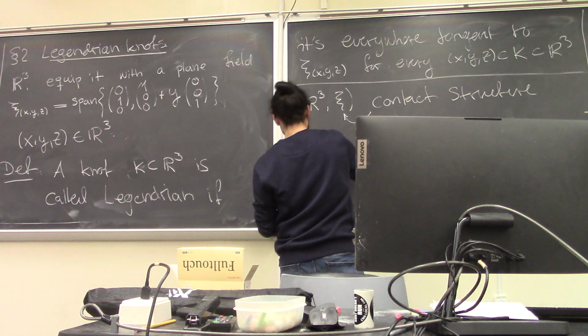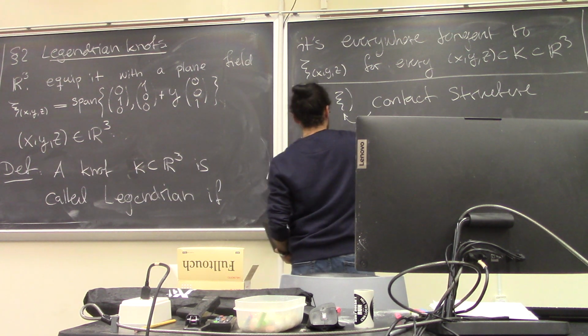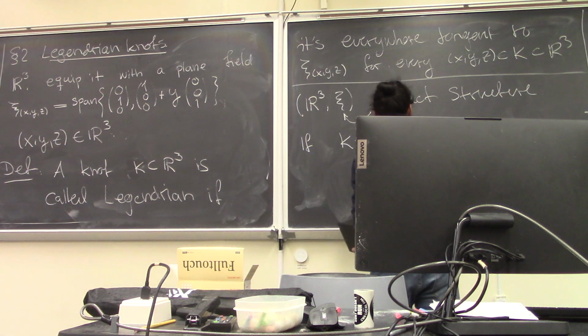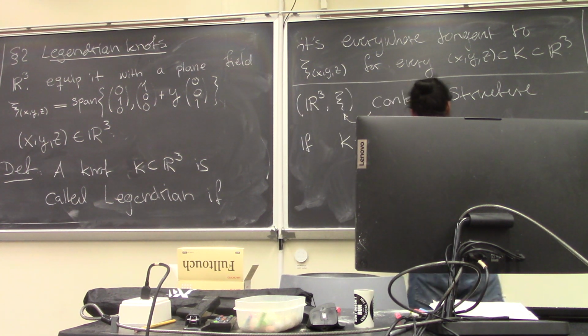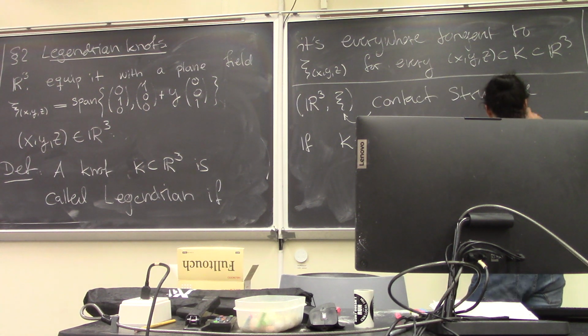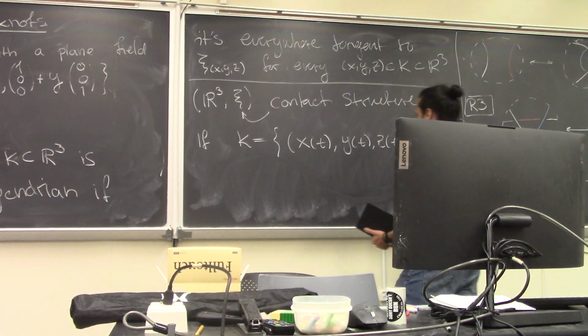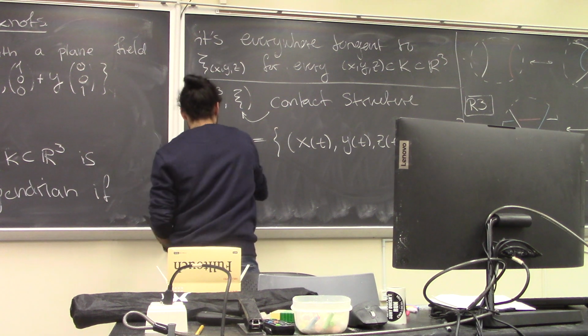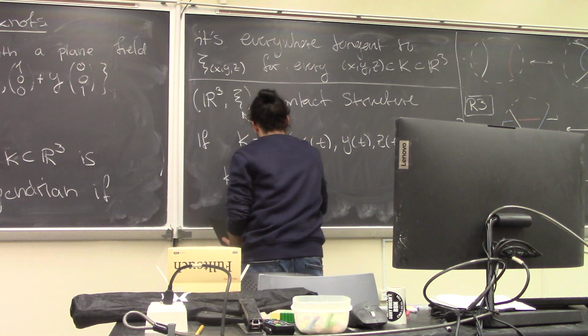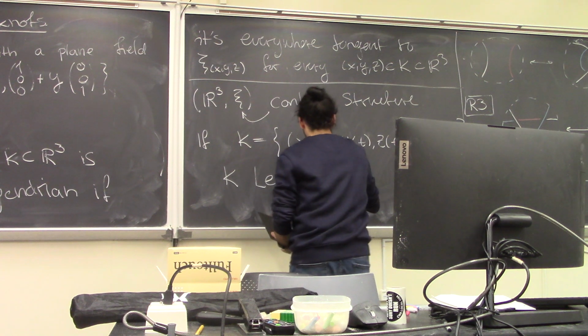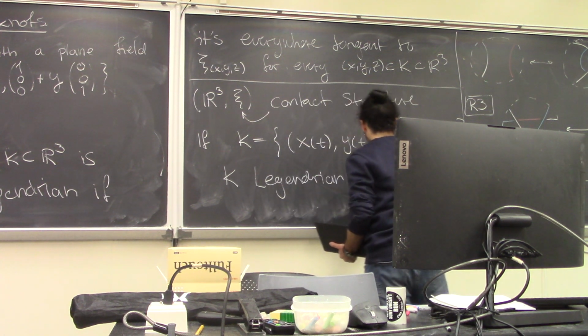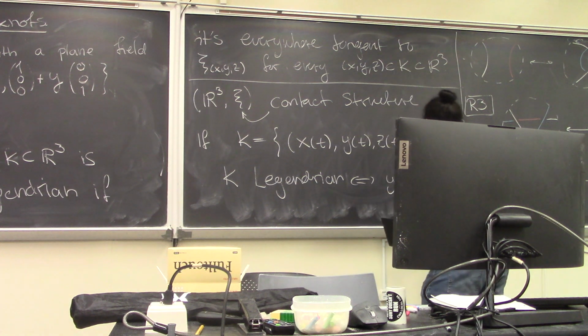If we pick a parameterization of our knot, then K being Legendrian is the same thing as imposing that the y coordinate is the quotient of the time derivatives of the z coordinate and the x coordinate respectively.